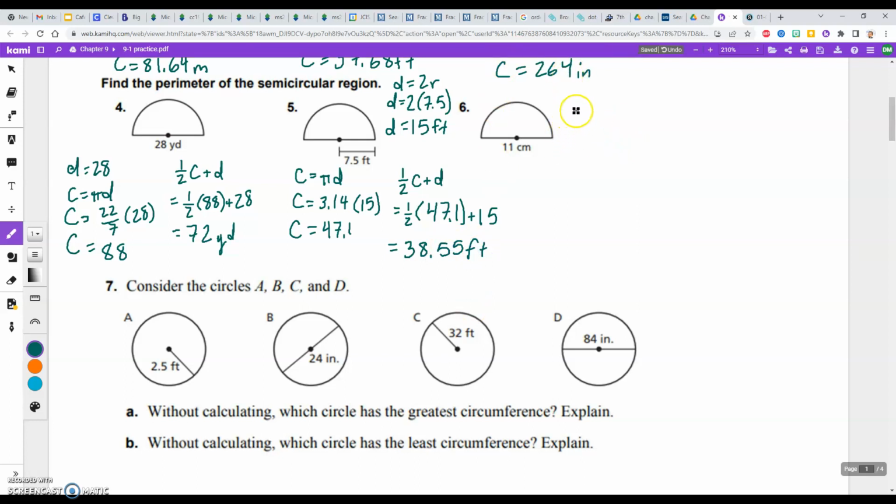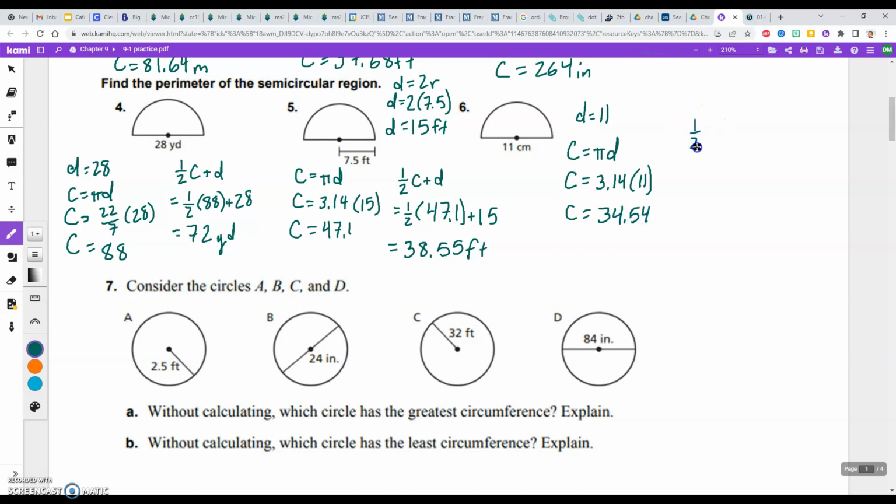Number 6, we've got a diameter already. That's 11. Our circumference is pi times diameter, which means it's 3.14 times 11. So 3.14 times 11 is 34.54.